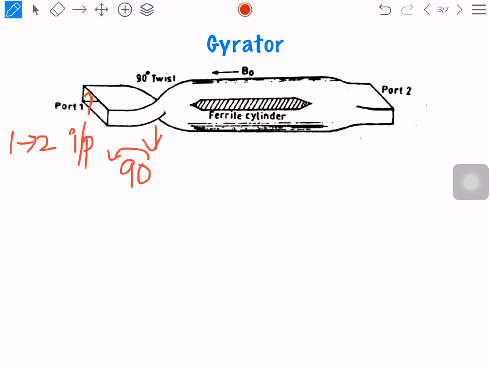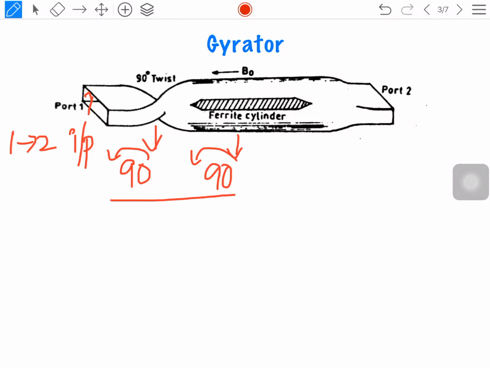This wave after the 90 degrees shift will pass through the circular waveguide, and because of the ferrite material present in the circular waveguide, one more 90 degrees phase shift will be observed in the wave, and this is also in a counterclockwise direction. After that, it will pass through the rectangular waveguide.